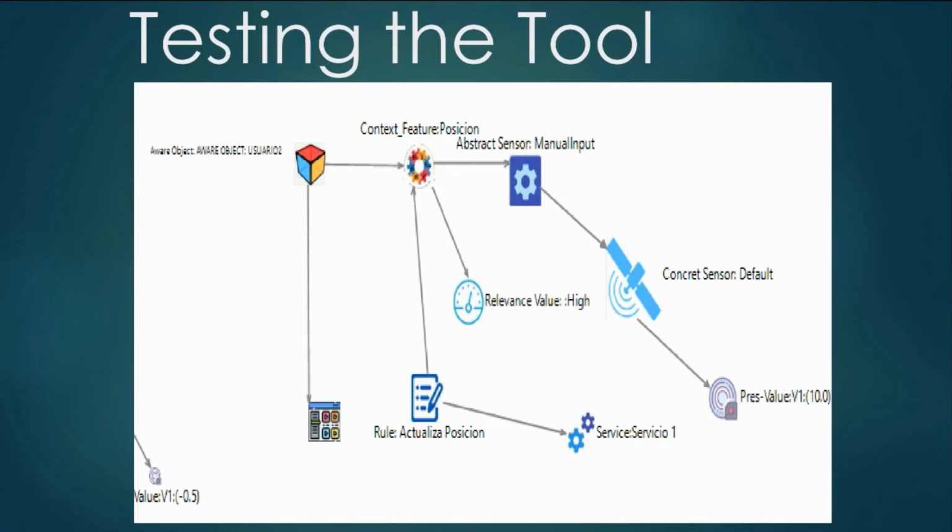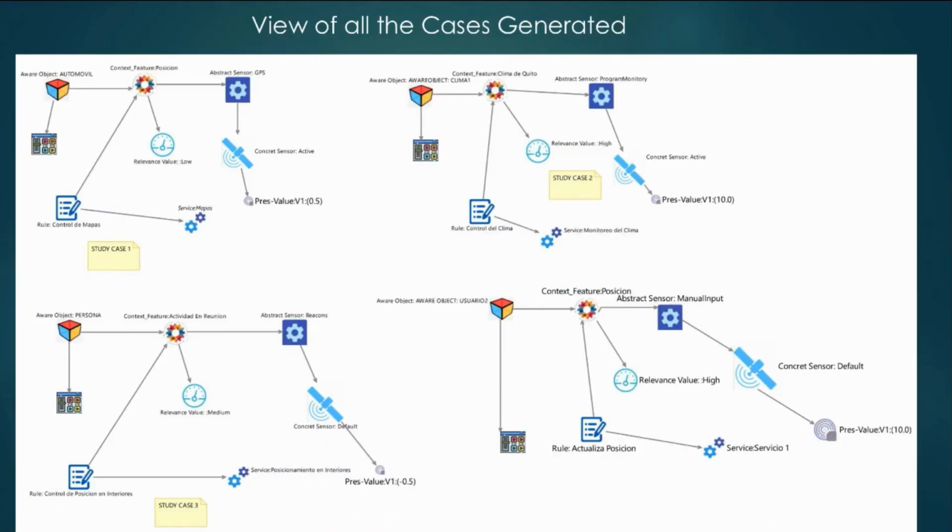And here we have a testing, a final test of our tool. This is a view of the cases generated, and we're going to take a look over the tool.